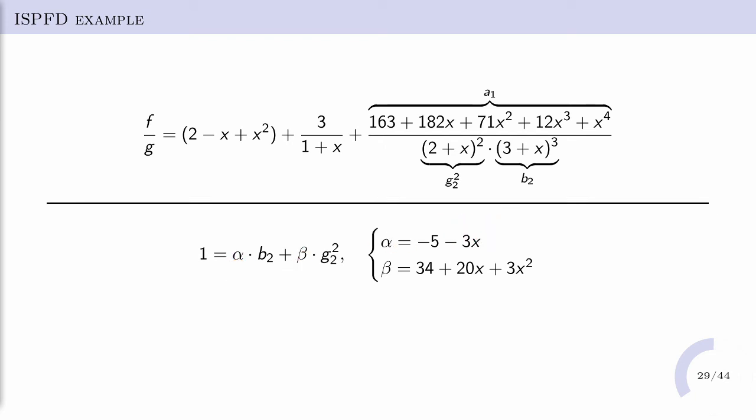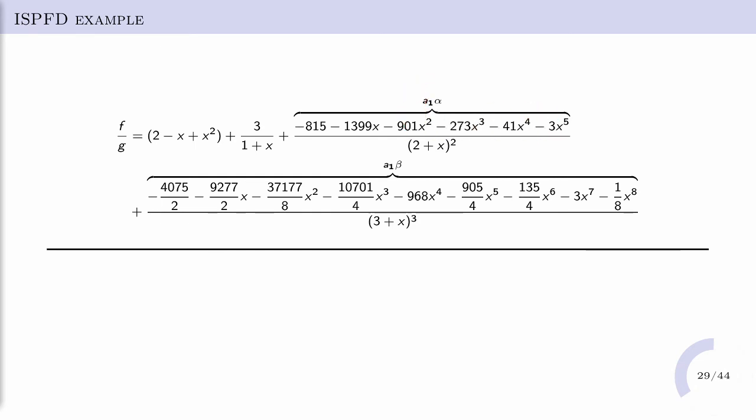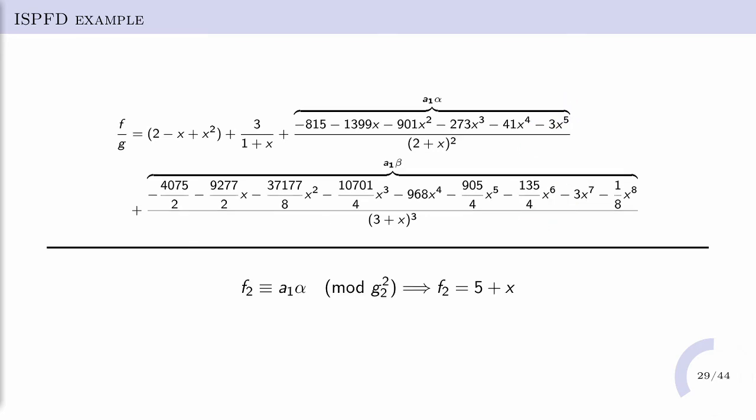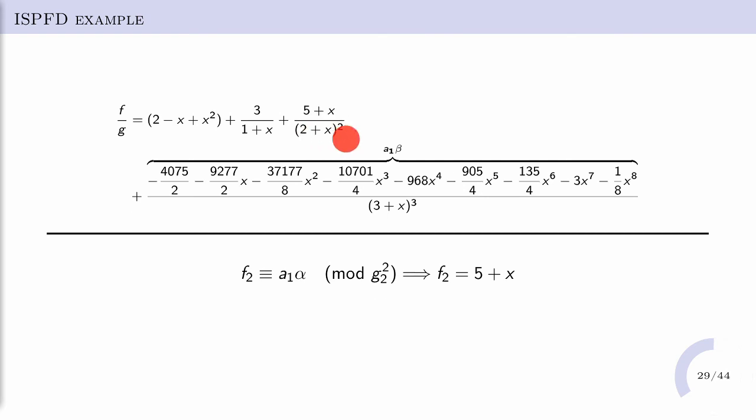Alpha is this and beta is this. So we split this fraction into a sum of two fractions, a1 times alpha and a1 times beta. Again, these fractions are improper, so we compute the remainders. The remainder of this expression over this one is 5 plus x, so we have 5 plus x over 2 plus x squared.